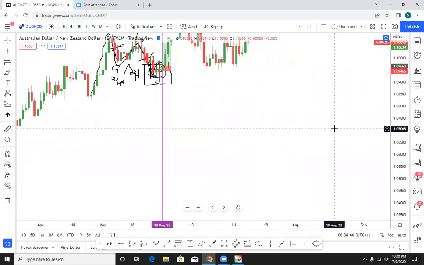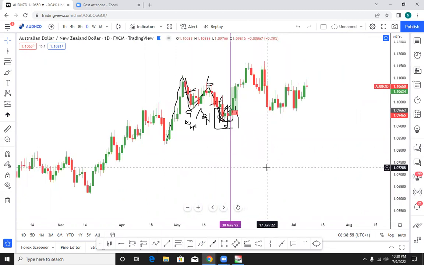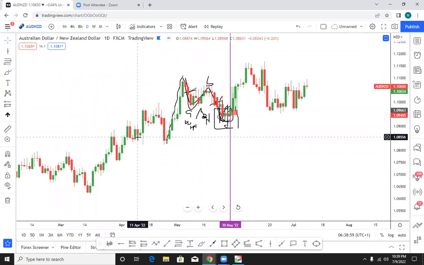Those that are selling NZD are there, they are more, but those that are buying AUD against the NZD, they are far, far, far more. So that's what is called excess demand.